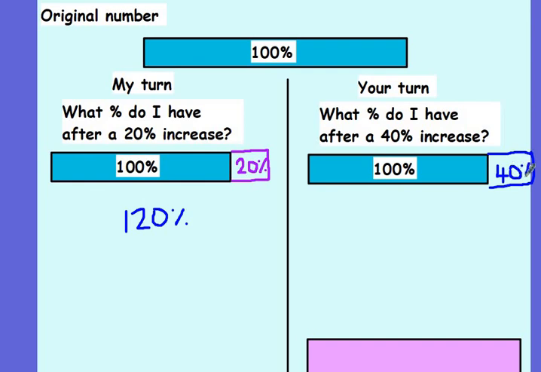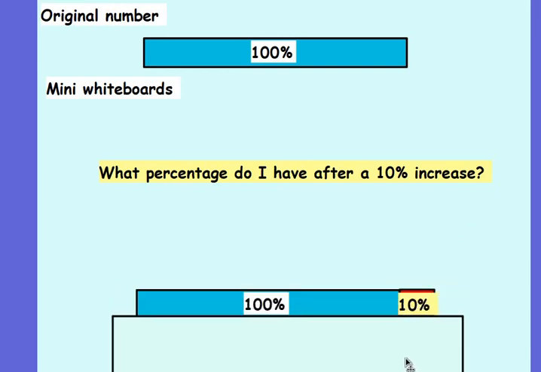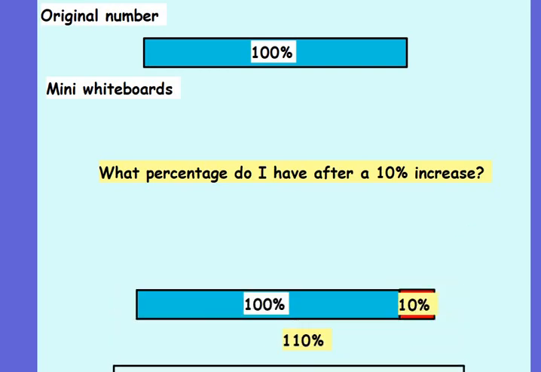So in total, I now have 140% of my original number. Mini whiteboards, Year 7. What percentage do I have after a 10% increase? Write down your answer now. And the correct answer is 110%. I've got 100%, I've added on 10%, I've got 110%.